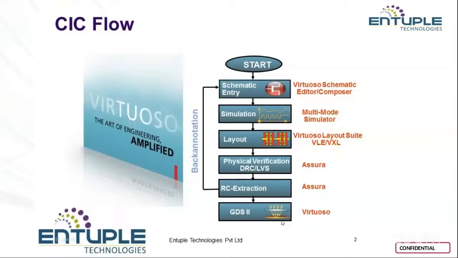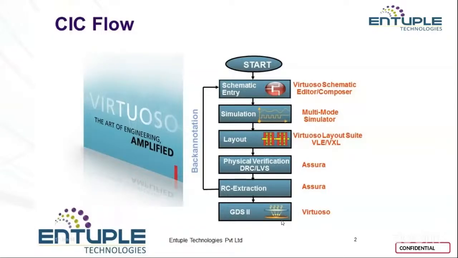For that, we are using the Assura tools, and after physical verification we do the RC extraction, and after RC extraction we go for the back annotation process to verify the post layout simulation. Once your post layout simulation satisfies your requirement, then we can go for the GDS II file generation process.